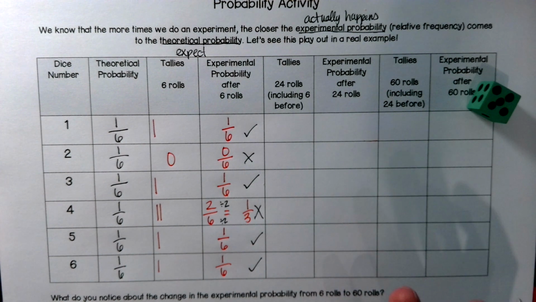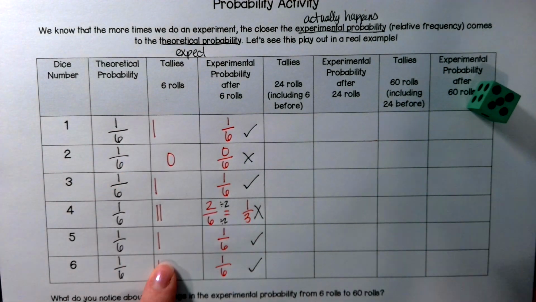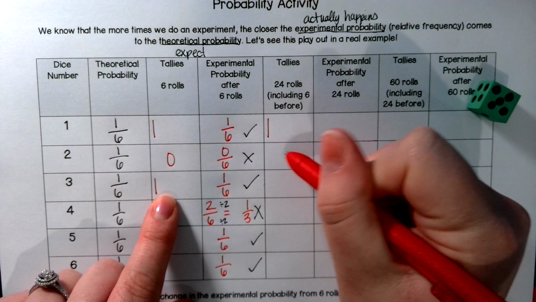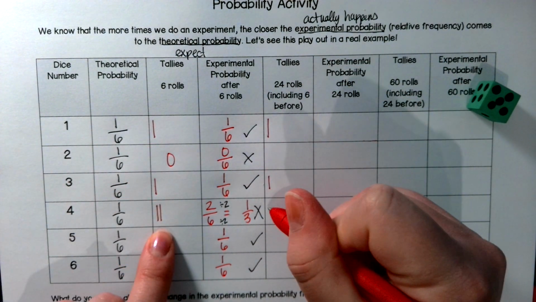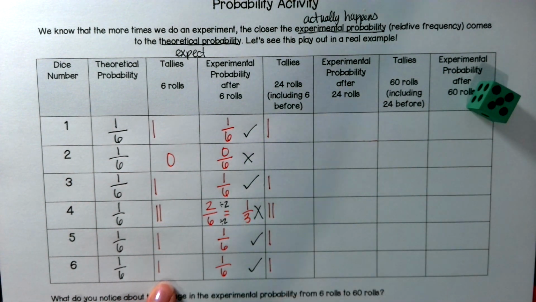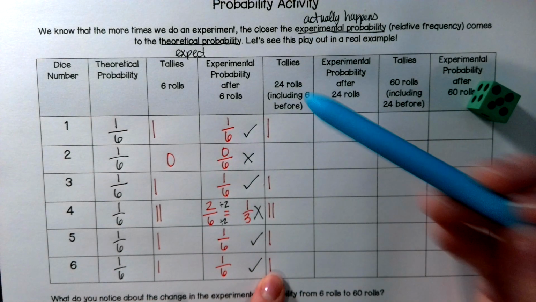So now we're going to roll some more. We're going to include these tallies from before. So I'm going to keep that 1, don't have any 2s there, keep that 1, keep those 2, keep that 1, keep that 1. And now I'm going to add on to it. I've already rolled 6 times, but now we're going to go to 24.